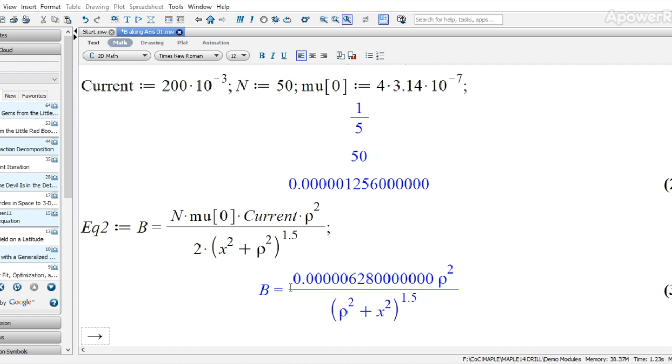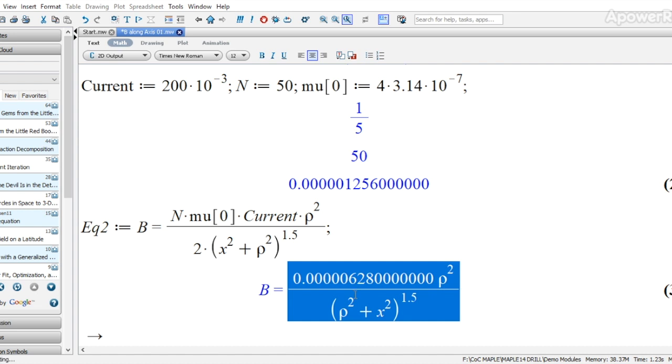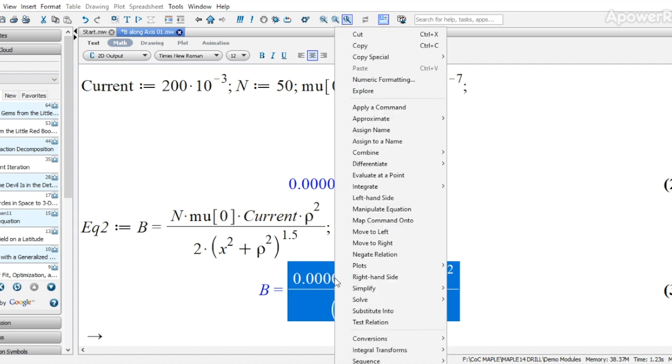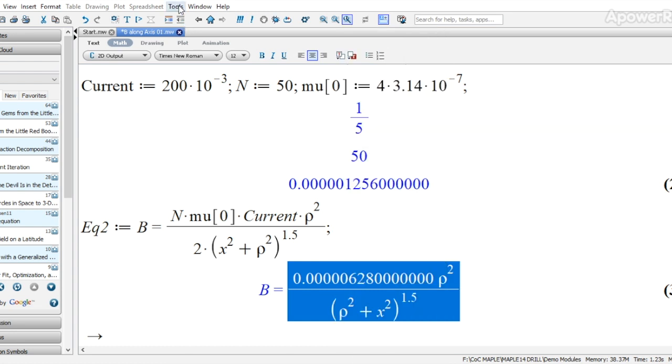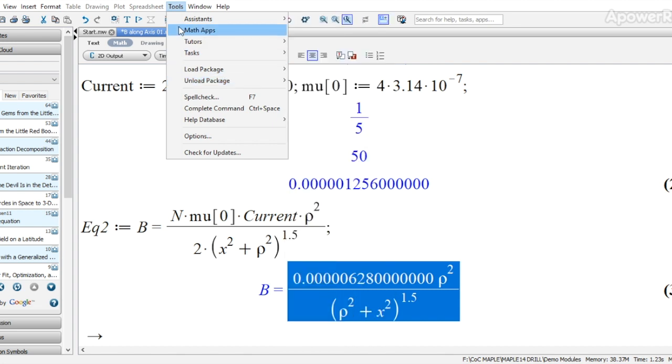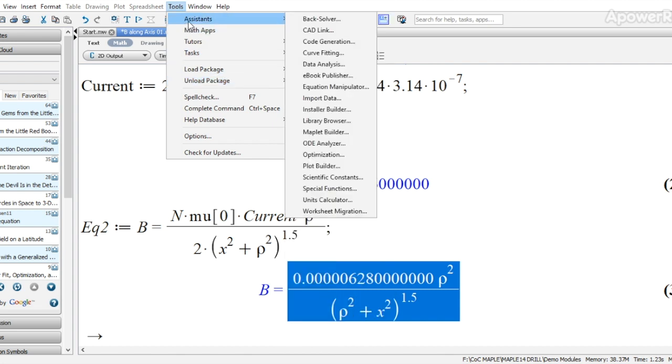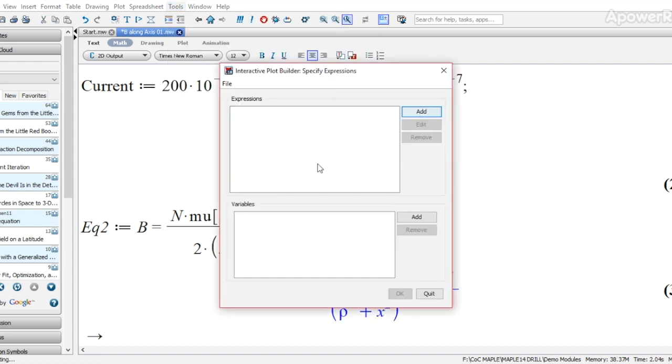So here x is a variable on the x-axis as one travels away from the axis of the coil, and this quantity can be picked up into the clipboard, and we can use a toolbar to take assistance, plot builder.